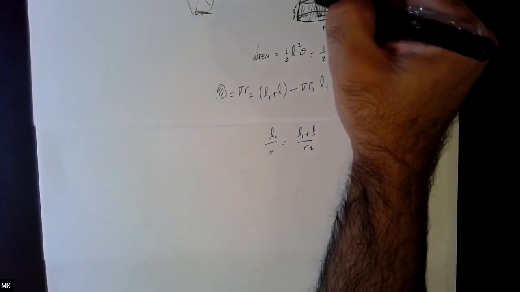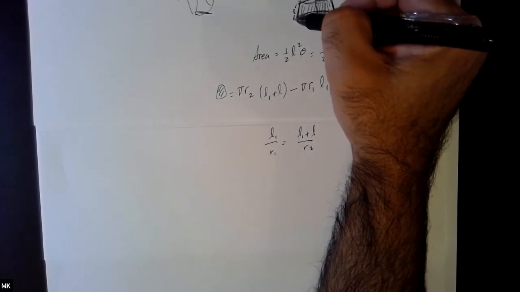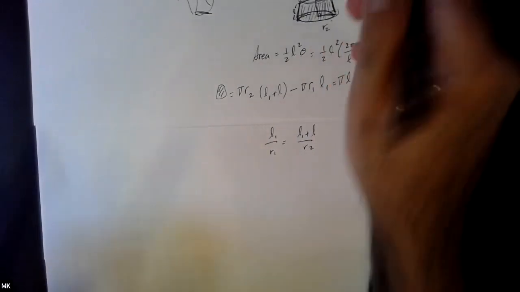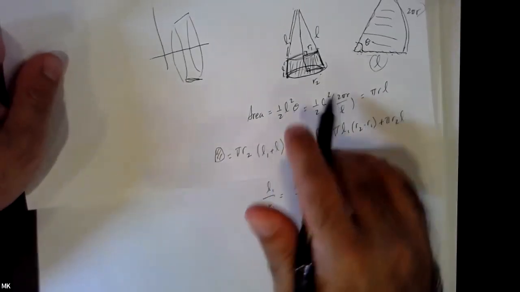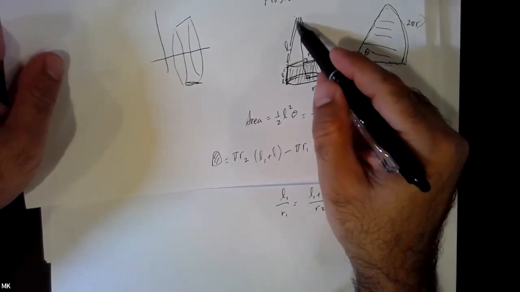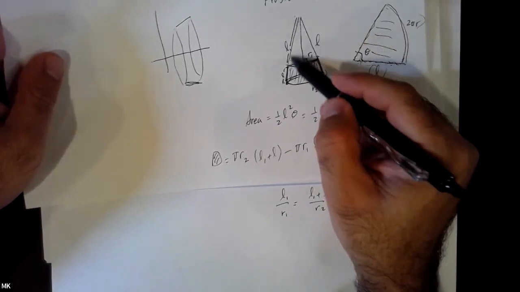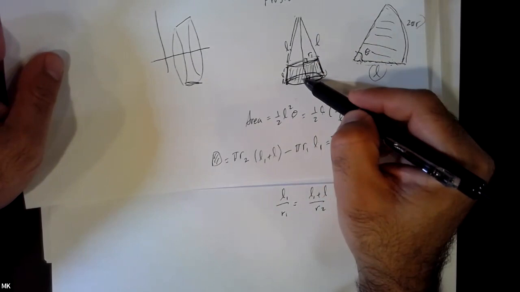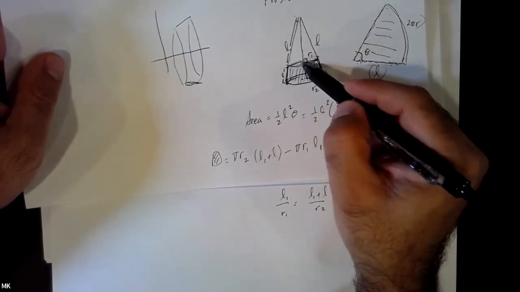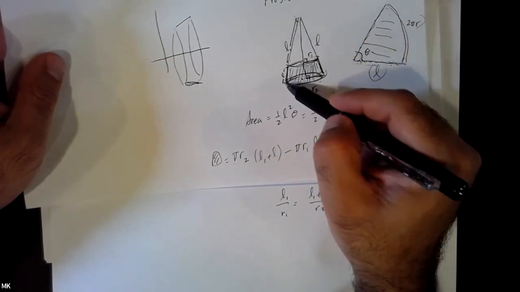Sorry, one more time: L1 over R1 equals L1 plus L over R2.